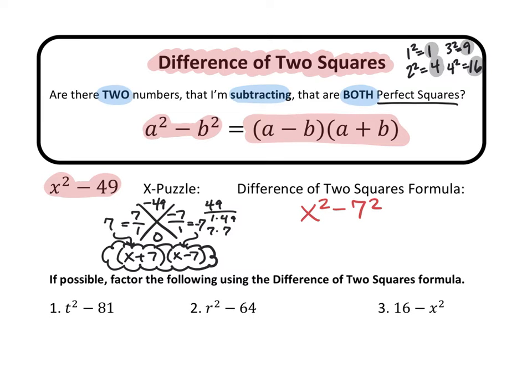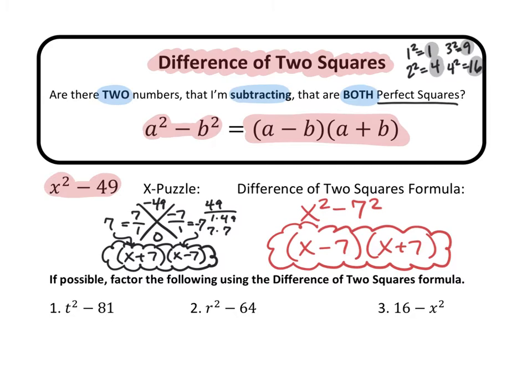Okay, that means that we can follow my pattern that's right up here. The first minus the second, the first plus the second. Bing, bang, boom, I'm done. This formula, called the difference of two squares formula, is a quick way to factor these specific polynomials.